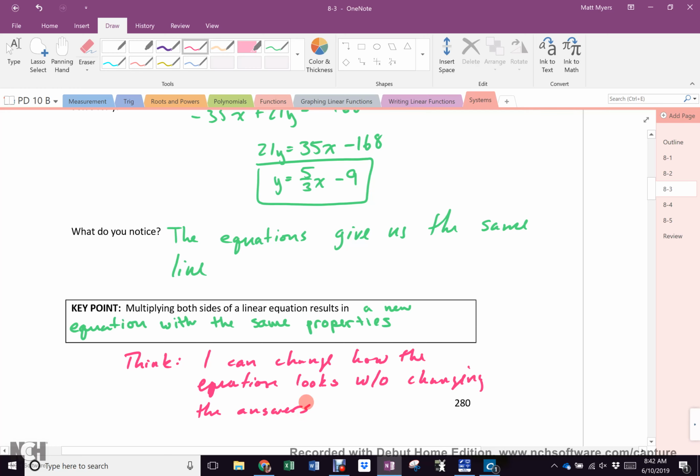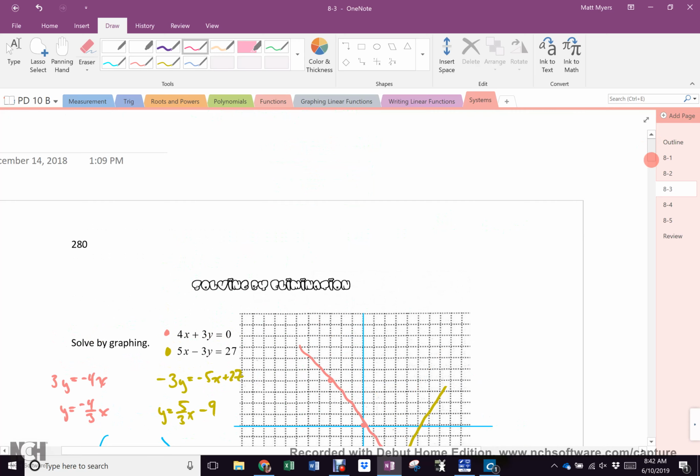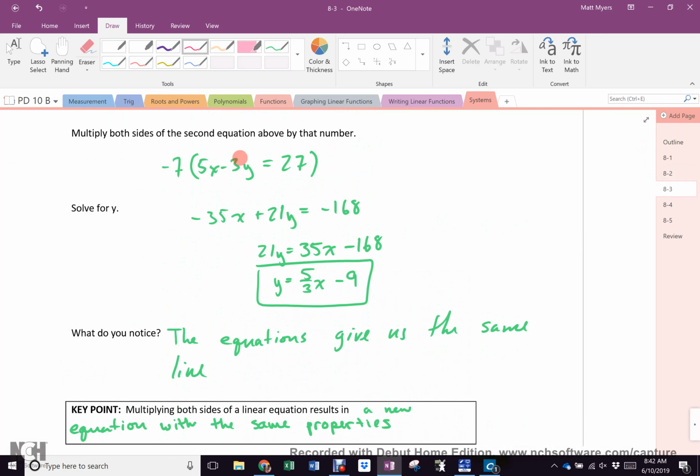Right? Because even though I changed to this giant ugly equation right here, did I not have the same y-intercept and the same slope? Everybody understands that? If you don't like the look of an equation, you can multiply it and have the same equation. How often have we seen that in math?